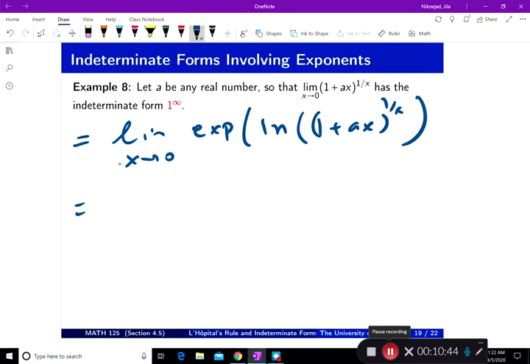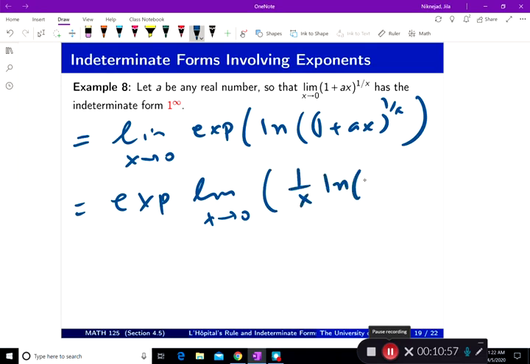And I can even bring the limit in as soon as I see it. Limit, and then simplify the natural log. It's 1 over x times natural log of 1 plus ax. And then now I have a natural log of 1 which is going to be 0, 1 over x is going to be infinity.